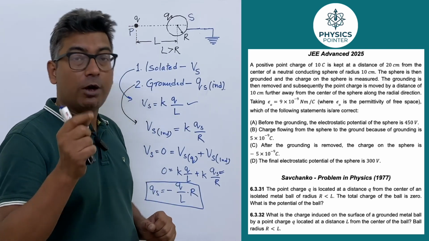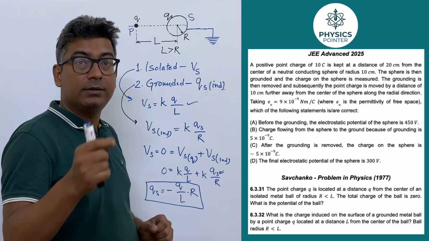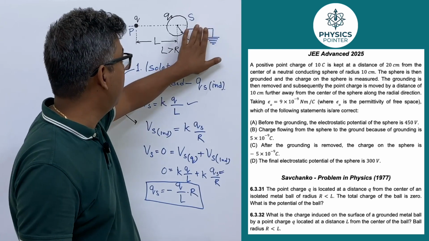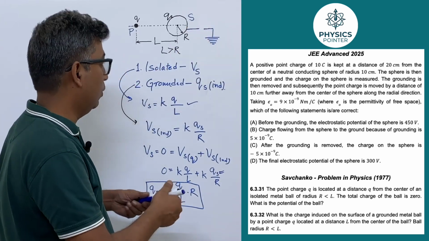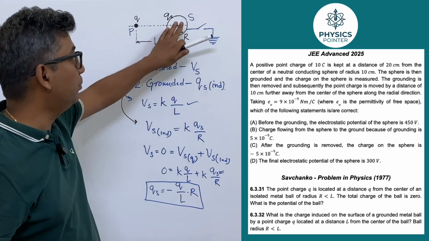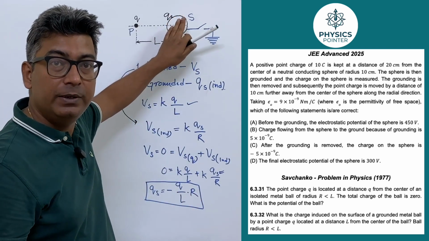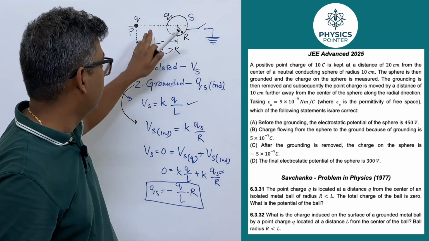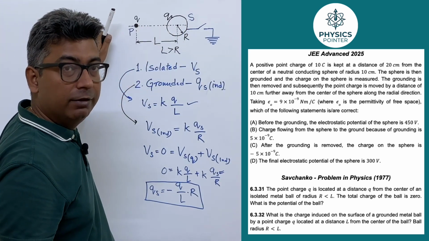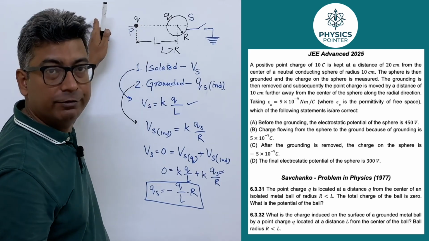Now, the last option talks about when it is removed from grounding. So if you remove it again from grounding, what will happen? That means nothing will happen. Still the potential on the sphere will be zero, net potential. But the question says, I move the charge Q by a further 10 centimeters away.